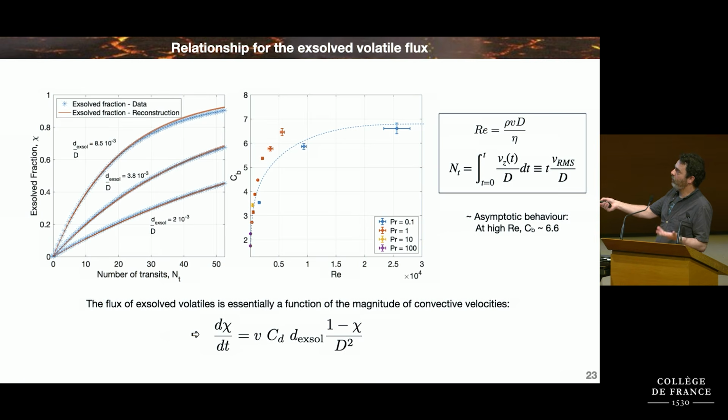So this is coming to a result that I already mentioned. The deeper the exsolution depth, the easier it is to exsolve the volatiles, and vice versa. And with this, we were able to describe semi-empirically the flux of exsolved volatile, which again is a function of the magnitude of the convective velocity, of the exsolution depth, and also of what we call the exsolution factor, which in our experiments seems to reach some sort of asymptotic value.